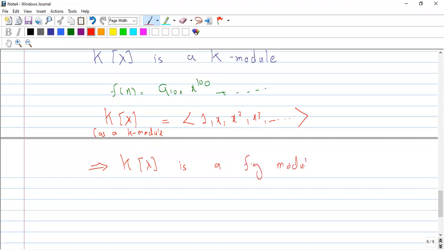In fact, as a vector space, k[x] is infinite. Sorry, it's not a finitely generated k-module.